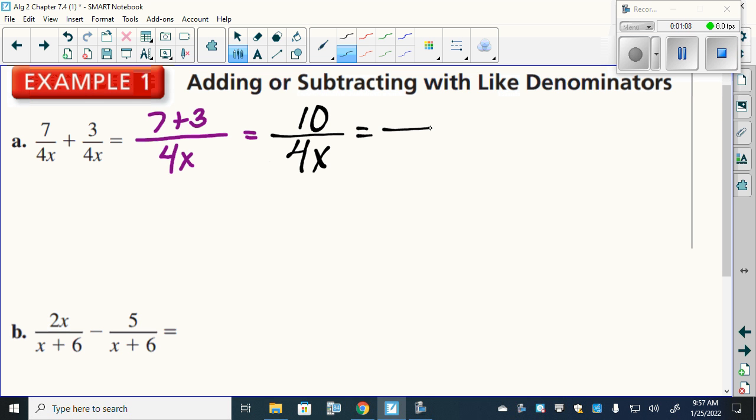Now we can't leave it in this form because there's a what? There's a greatest common factor between 10 and 4. So, 5 over 2x. Because if there are any like factors, we still need to simplify them just like with multiplication. Any questions on the first one?